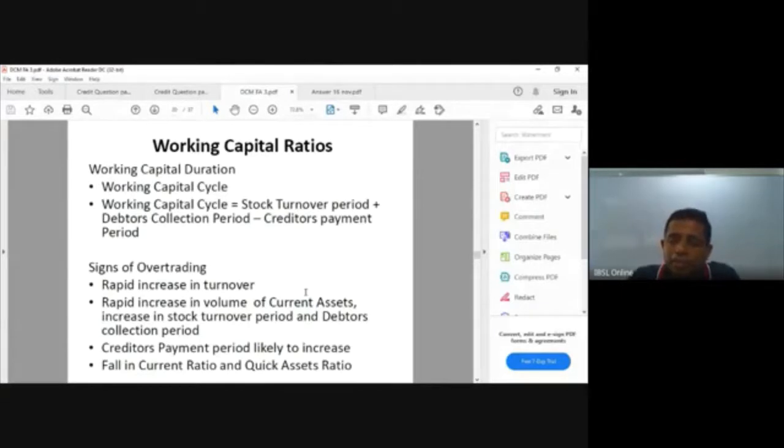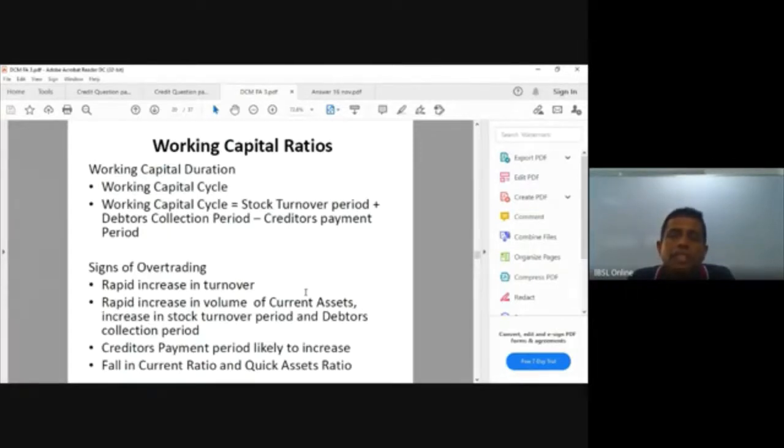When you increase sales rapidly, your debtors also naturally increase, because to increase sales, either you have to cut down your sales prices, or you sell on a credit basis. When you sell on credit, your debtors will increase, and your current assets, your inventory, everything will get increased automatically.